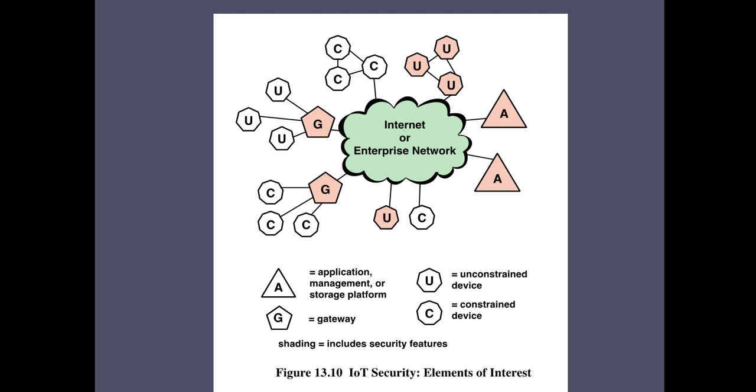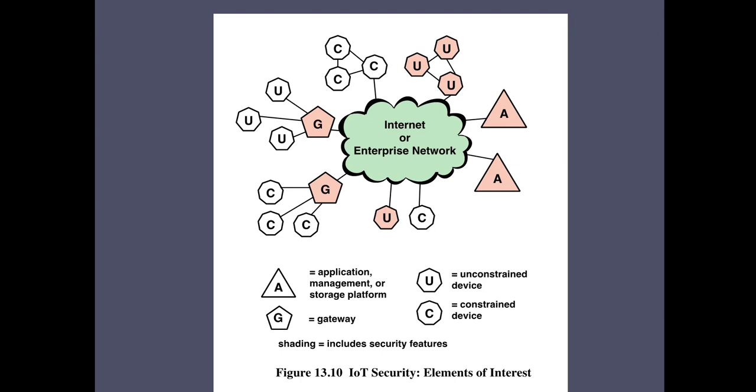If you look at this figure, you will find the main elements, starting from the center of the network: the application platforms, data storage, servers, and network and security management systems, right? These central systems gather information from the IoT devices, and then send control signals to actuators, and the decision is taken there, okay?